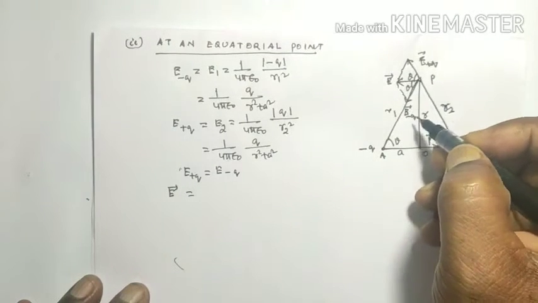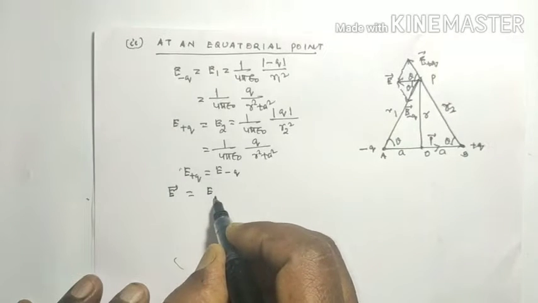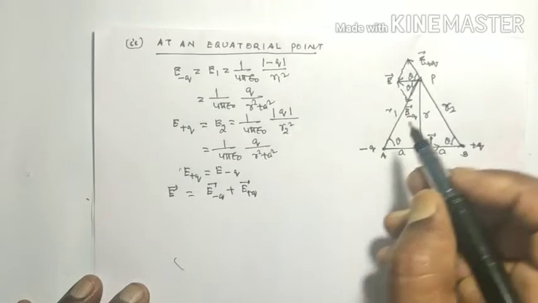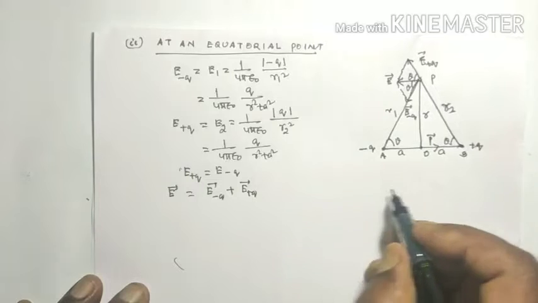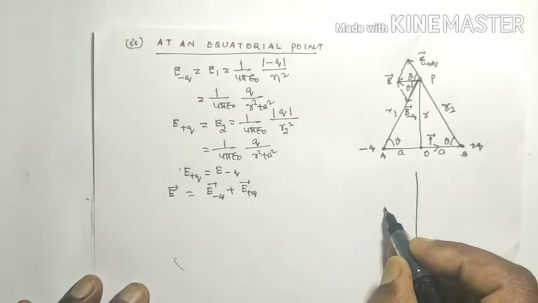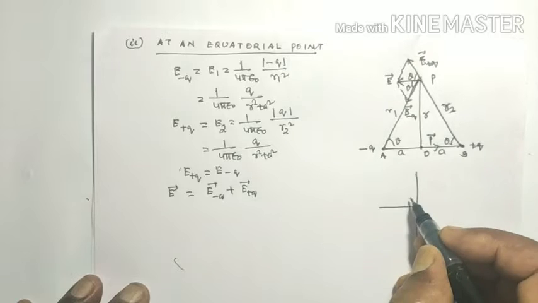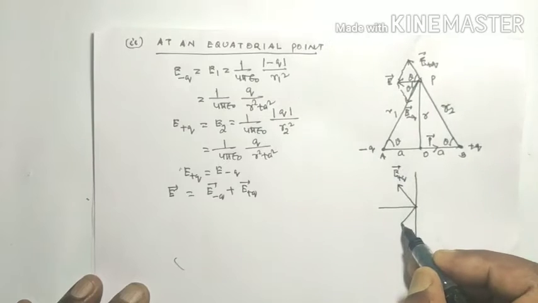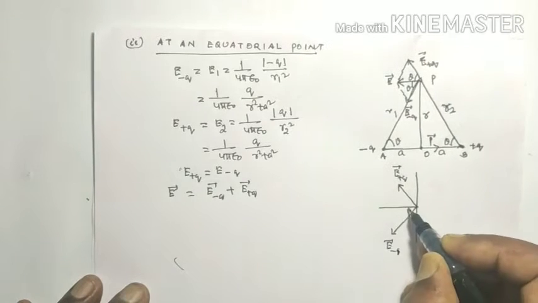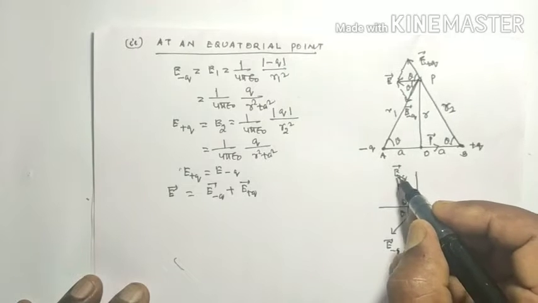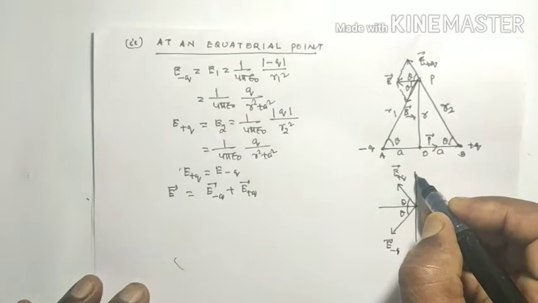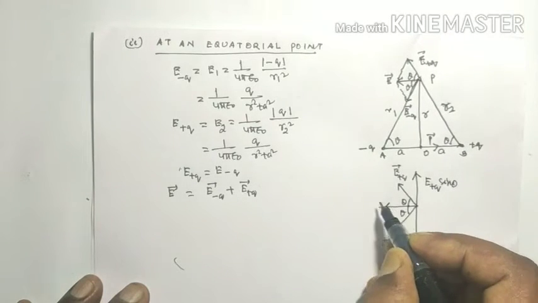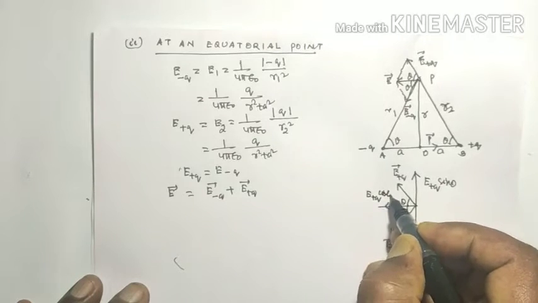Now the resultant field at P is E equal to the resultant of E minus Q plus E plus Q. The resultant can be found by using the parallelogram law or component method. So let us use the component method here. This vector is E plus Q, this is E minus Q, and this angle is theta, this is also theta. E plus Q can be resolved into two components. The vertical component is E plus Q sin theta, and the horizontal component is E plus Q cos theta.